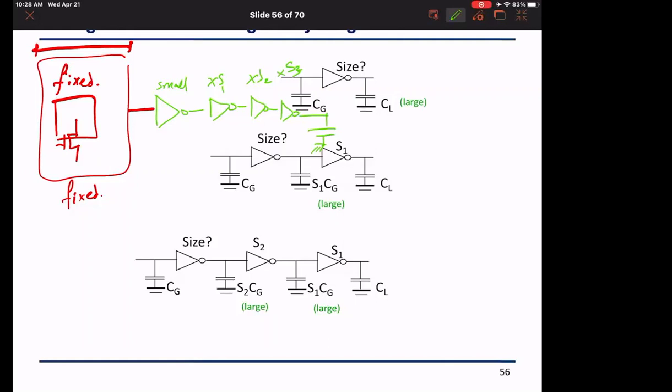But what the fixed block sees as its load is the input capacitance of the first small stage.